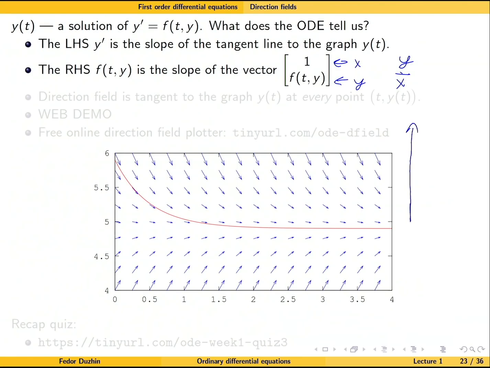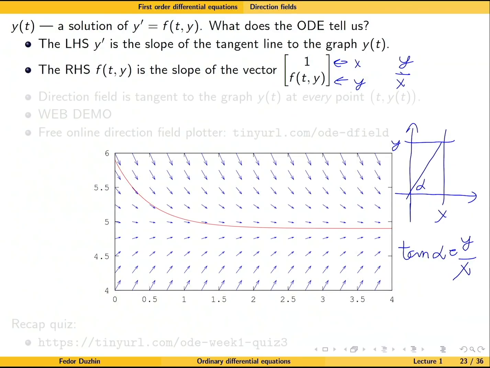right? Because if this is y, this is x, then the slope, or the tangent of this angle, is exactly y over x. So the bigger the ratio, the steeper the slope. The smaller the ratio, the more horizontal.